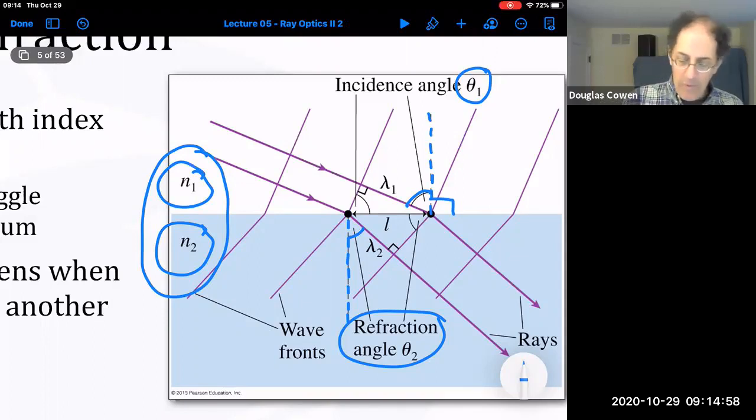Typically, though, we will refer to these angles by the subscripts 1 and 2 corresponding to the indices of refraction 1 and 2.